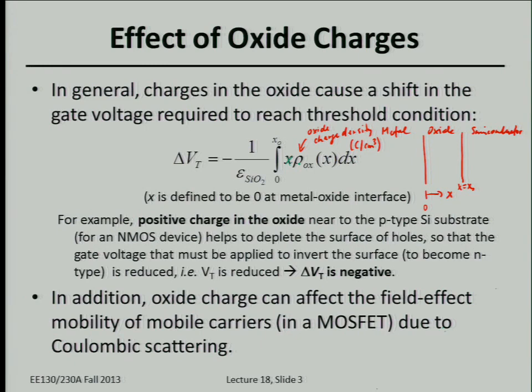If we have a charge distribution here versus a charge distribution here, this charge here will have a larger magnitude of impact on the threshold voltage. So if the charge is moving over time because you're applying a gate voltage, then your threshold voltage is changing over time. That's undesirable in general.